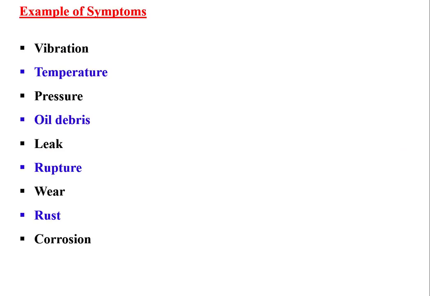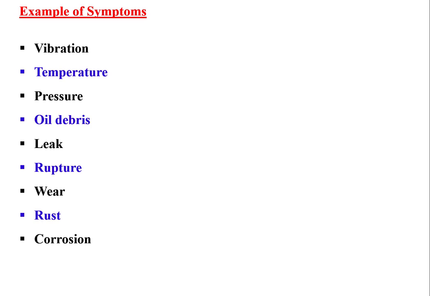These are examples of symptoms, whatever we can realize, test, or feel, like vibration, temperature, pressure, oil debris and contamination, leak, any crack or rupture or tear or wear or rust or corrosion. All this is considered a symptom.